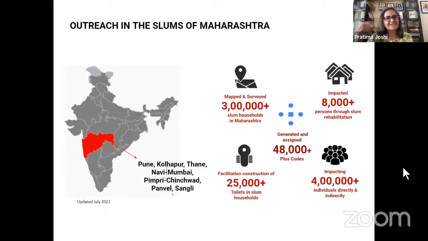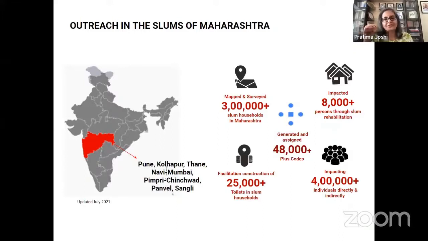But before getting into that, as a quick glimpse of our work, I just want to say that we have been working in Maharashtra, which has been our geographical area of work. We worked in quite a few cities of Maharashtra. We have mapped and surveyed over 3 lakh slum households across slums in several cities of Maharashtra, which are Pune, Kolhapur, Thane, Navi Mumbai, Pimpri Chinchwad, all the cities that you see there.